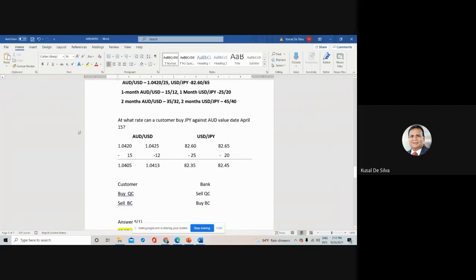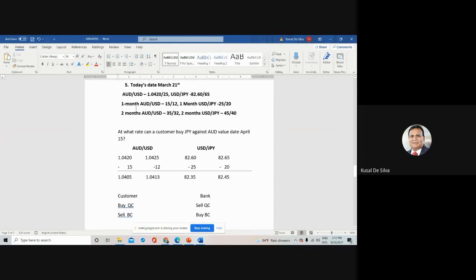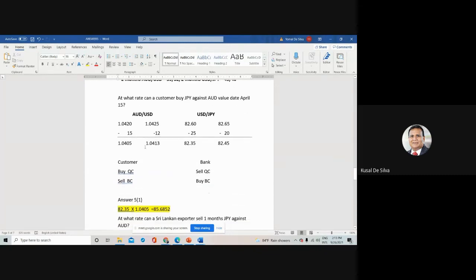Value date is April 15. At March 21st, 1 month is April 25th. Then you have to apply the 1 month rate. This is the learning that you are getting out of this.